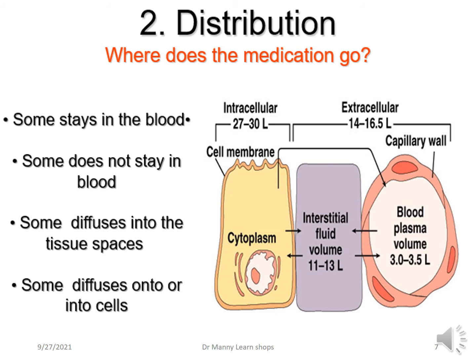Some diffuses into the cells. So you've got 3 sites. The 3 sites basically are in the blood plasma, in the interstitial fluid volume, and in the cell, intracellular. Extracellular consists of the blood plasma and interstitial fluid. Intracellular is the cell.